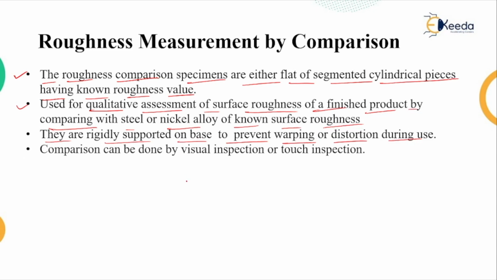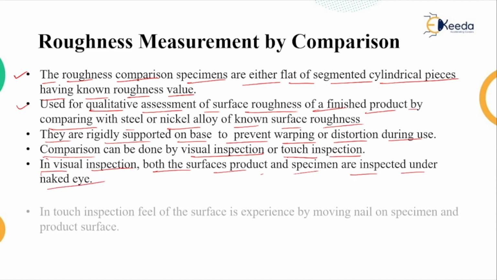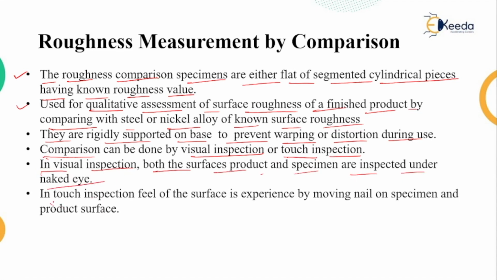How do we do the comparison? This comparison can be done by visual inspection or by touch inspection. In visual inspection, both the surfaces, the product and the specimen surfaces, are inspected under the naked eye. In touch inspection, the feel of the surface is experienced by moving a nail on the specimen and then on the product surface.